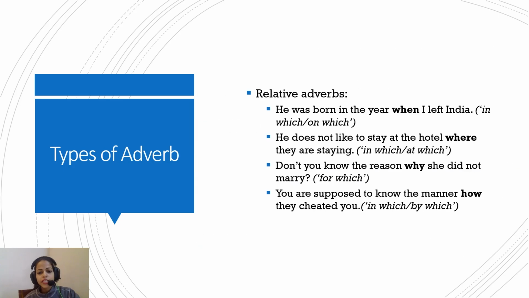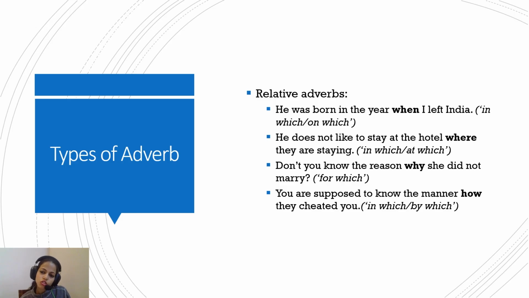So, relative adverbs like I told you are used to join two clauses. For example, he was born in the year when I left India. So here, when is joining the first part and the second part of the sentence. That he was born in the year is one clause telling of the year, and him leaving India is the second clause.